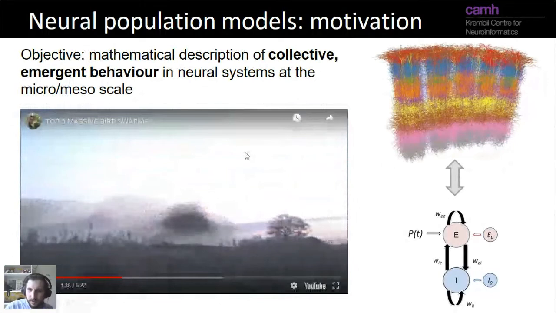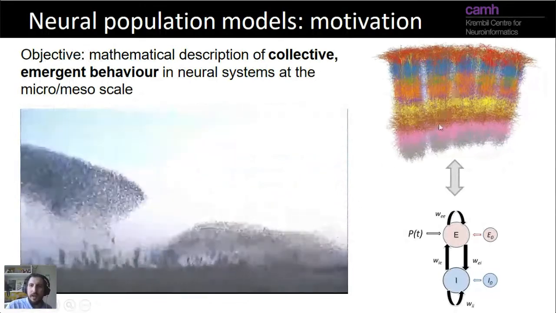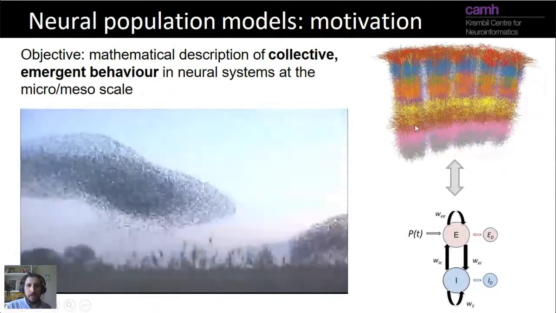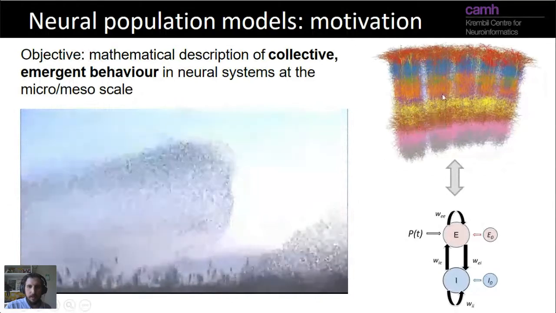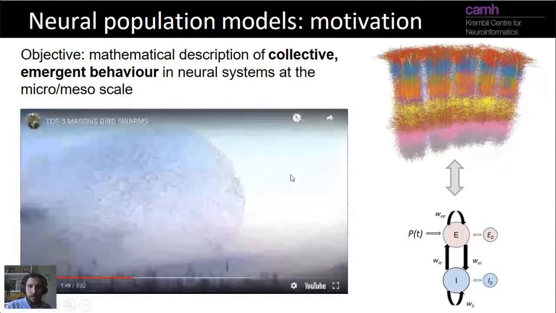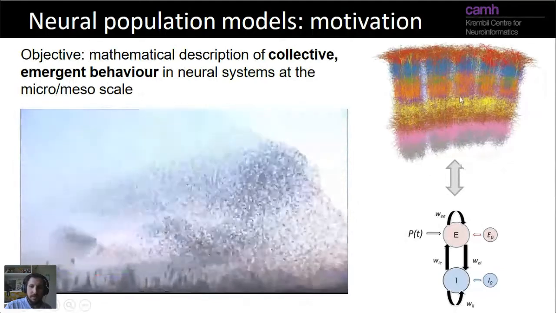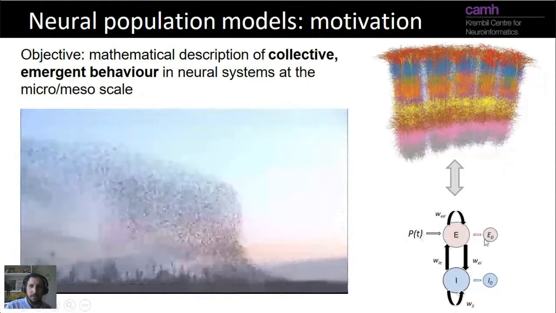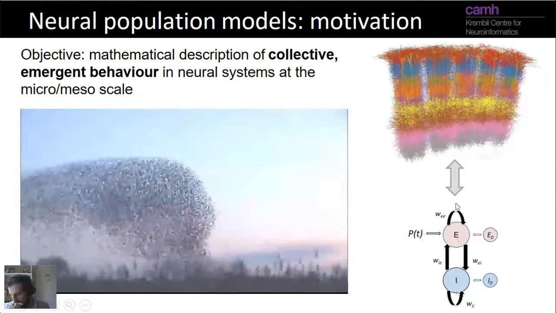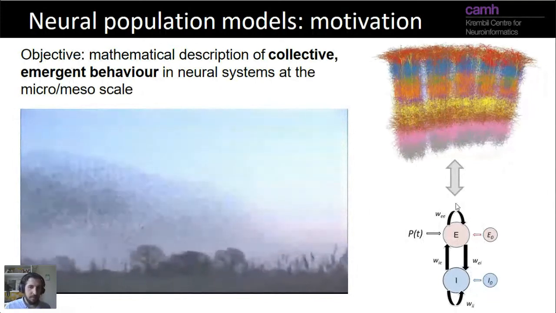So this is what I'm showing on the right-hand side here. What we want to do is go from this high-dimensional representation, where the individual cells in this neural population would be the analog of individual birds in these flocks, and then move it down to something that is a reduced description. And typically, the reduced description that we're after is something like the average activity over time.